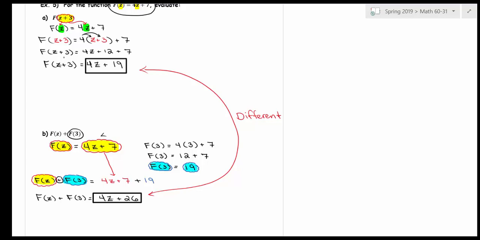That tells me that if I've got f of z plus 3, that's not necessarily going to be the same thing as f of z plus f of 3. These don't necessarily mean that they're equal to each other. So you shouldn't assume that because you got the answer to one of these, it's going to be the same as the answer to the other one.